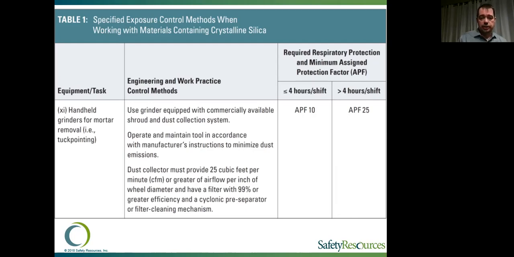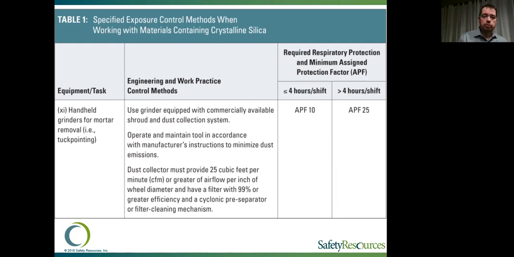Typically for this type of work, that would be more of the full face respirator type. It's necessary to understand that this indicates the exposure to employees would be so much over the permissible exposure limit of 50 micrograms per cubic meter that an APF 10 respirator would not provide a high enough protection factor to protect the employee for a greater than 4-hour shift.